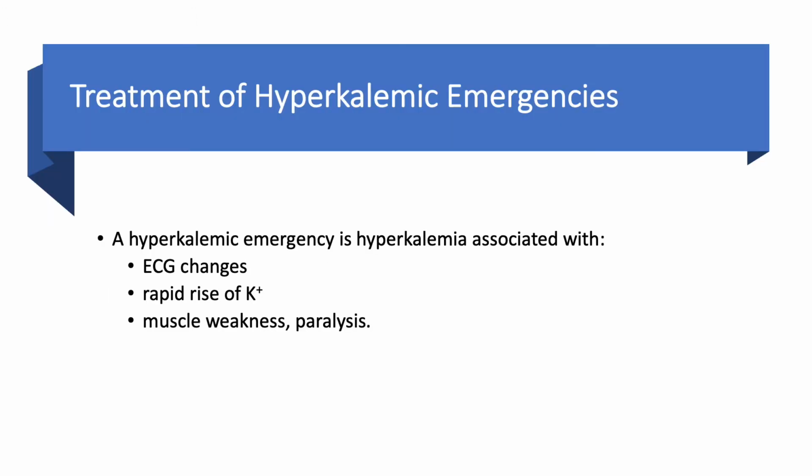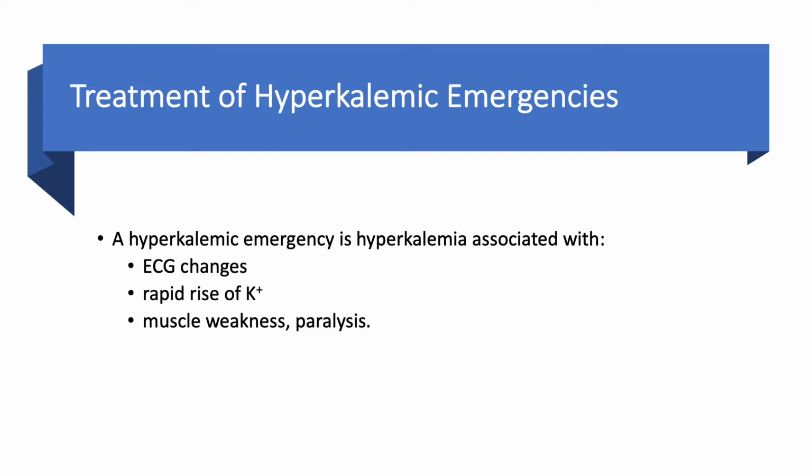So we are going to discuss first treatment of hyperkalemic emergencies, and in the previous lecture we said a hyperkalemic emergency is hyperkalemia associated with EKG changes: peaked T waves, prolonged PR interval, absence of P waves, QRS widening, even more serious signs like the sine wave.